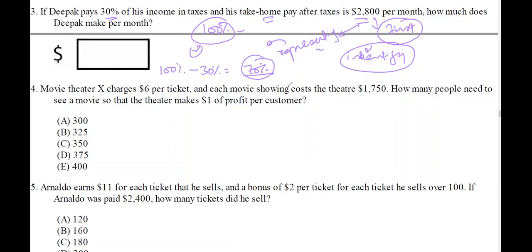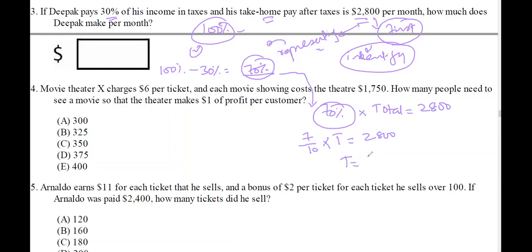Now we will be calculating this percentage. So I would say 70% of the total is equivalent to 2800, right? 70% can be written as 7 upon 10. Multiplied by the total value equals 2800.